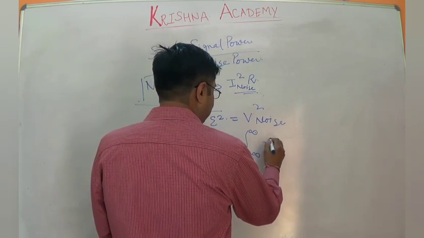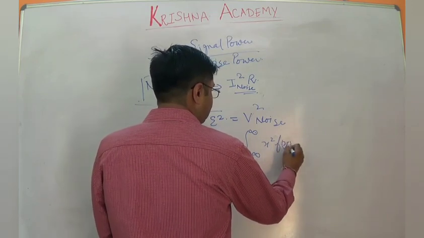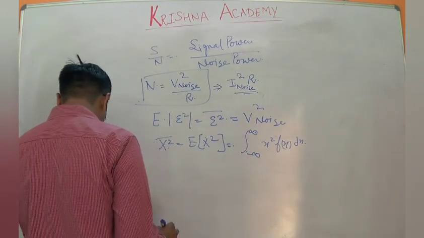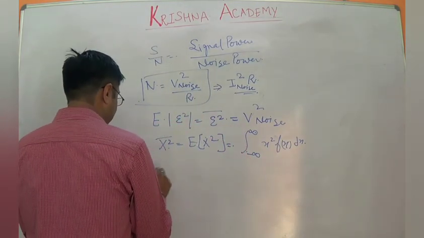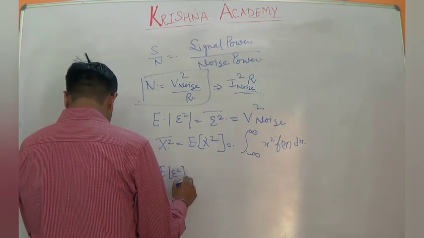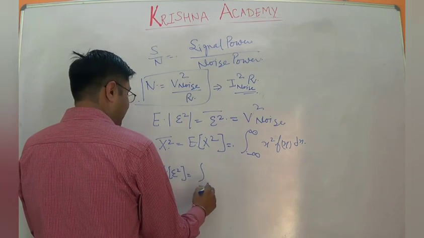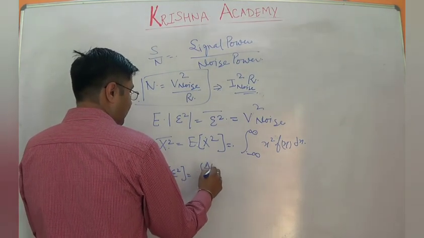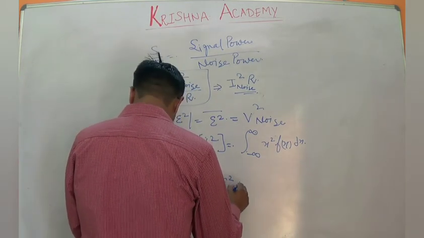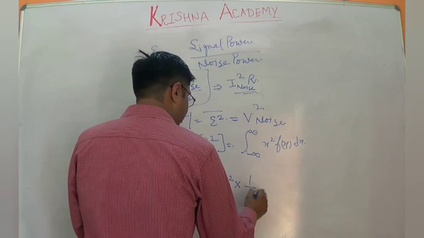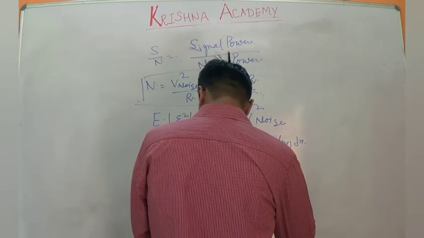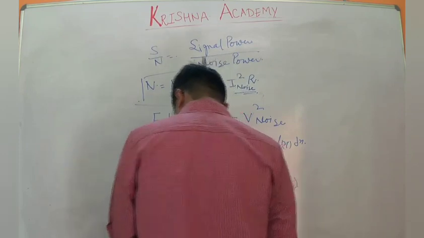So it can be expressed as x square f(x) dx. Just put the value over there and you will get it. Minus delta by 2 to plus delta by 2, this is the range over which we are working. E square is there and 1 upon delta dE. Just put it over there, solving and simplifying it.